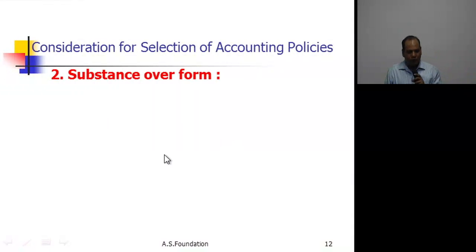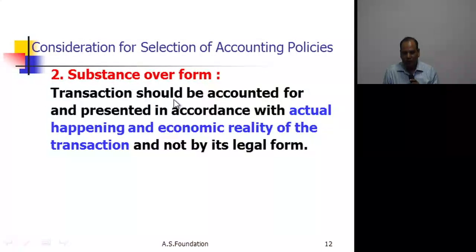Second thing, substance over form. While recording a transaction in the books of account, we should see the economic reality behind the transaction, the truth behind the transaction, not just the form in which the transaction appears in front of us.